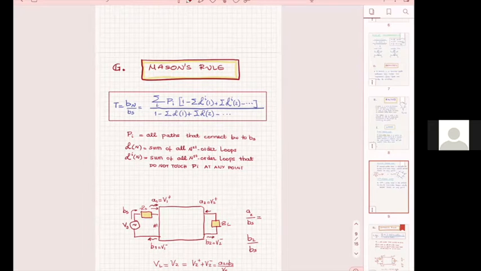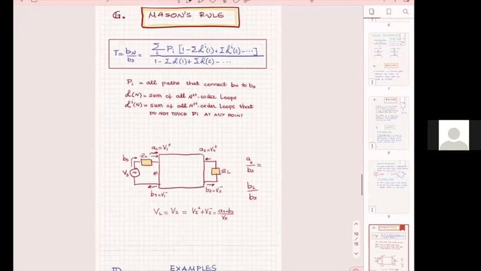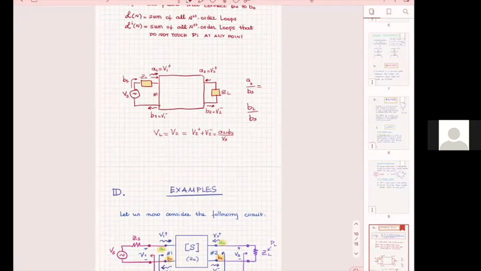And the denominator is the same for every ratio, is 1 minus all of the first order loops plus all the second order. And then, so you solve your problem.